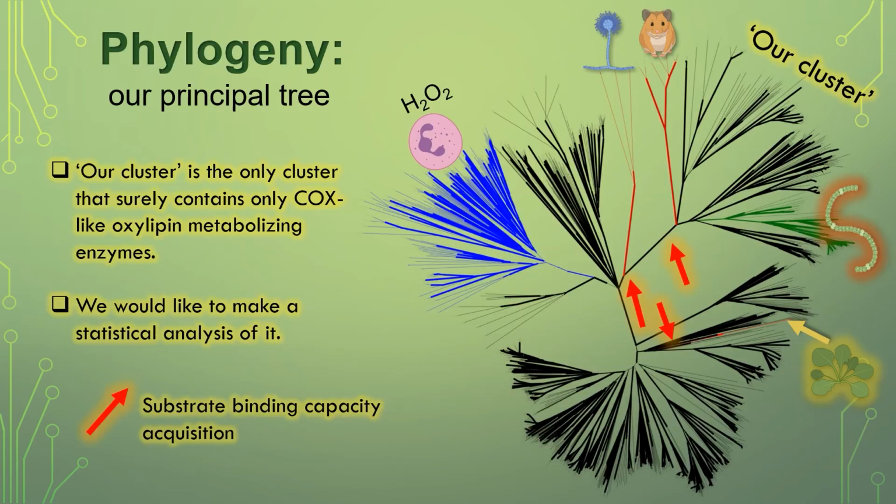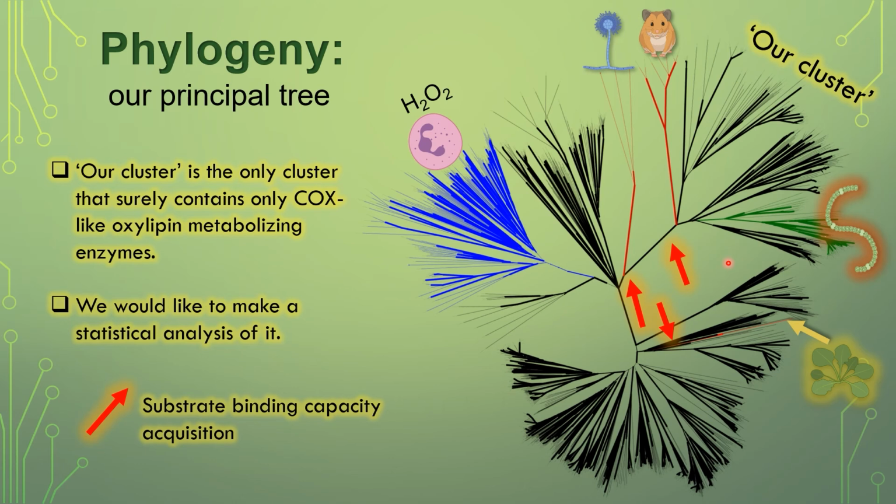Taking together these additional data, we can now return to our principal tree and reconstruct three possible substrate binding capacity acquisition events in alpha-dioxygenases, in fungal enzymes, and in our cluster.